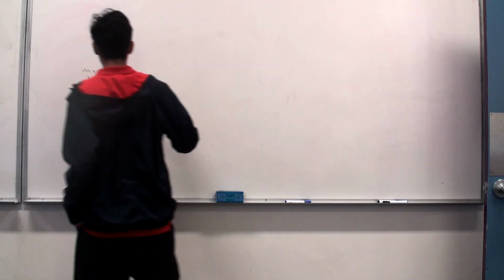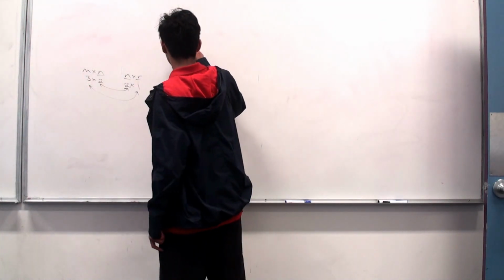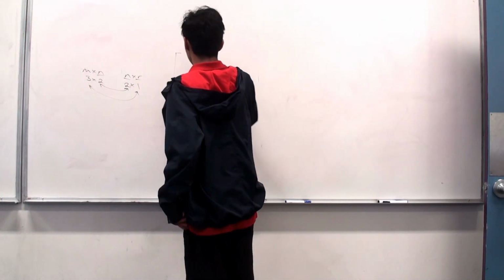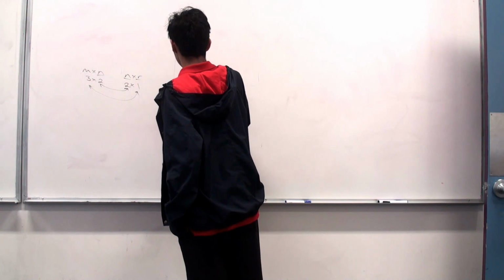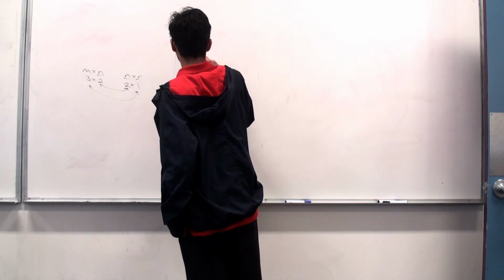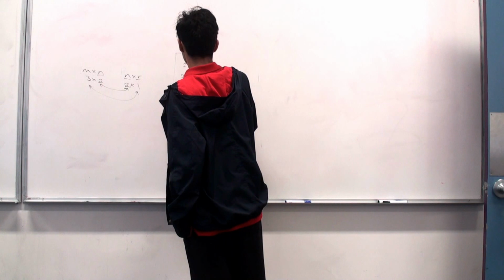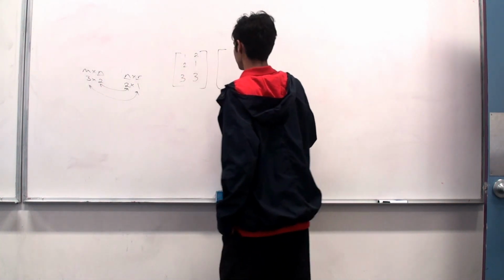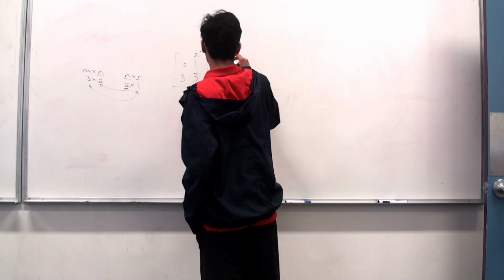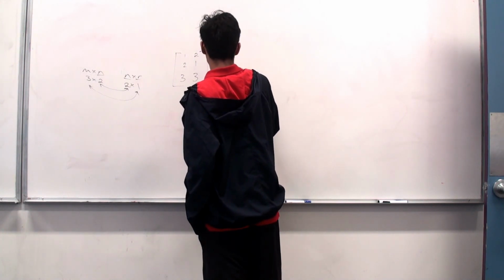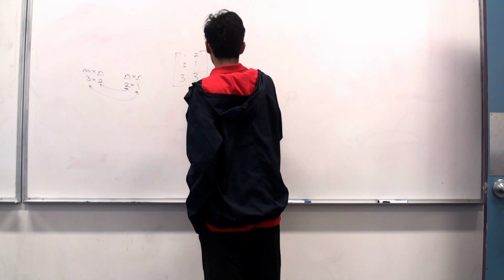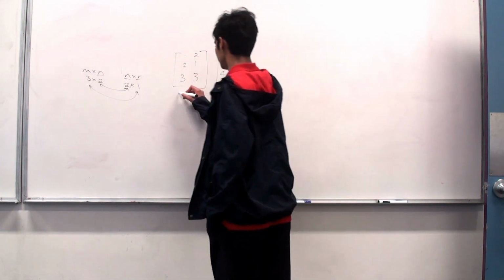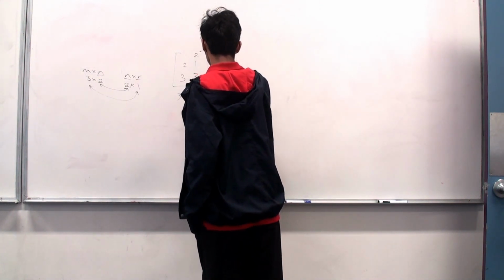So let's just choose an example. So we have a 3 by 2 matrix, 1, 2, 3, 2, 1, 3, times a 2 by 1 matrix, 2, 4. So 3 by 2, 2 by 1.